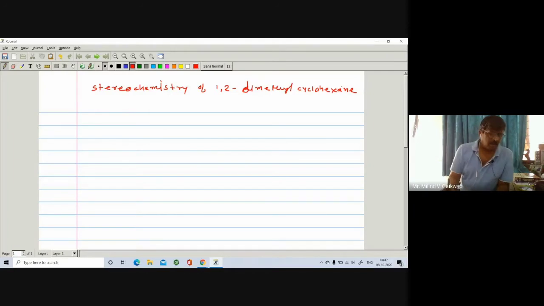You know the concept of disubstituted cyclohexane. There you have seen how to draw the cyclohexane. So here we'll see first how to draw the cyclohexane.